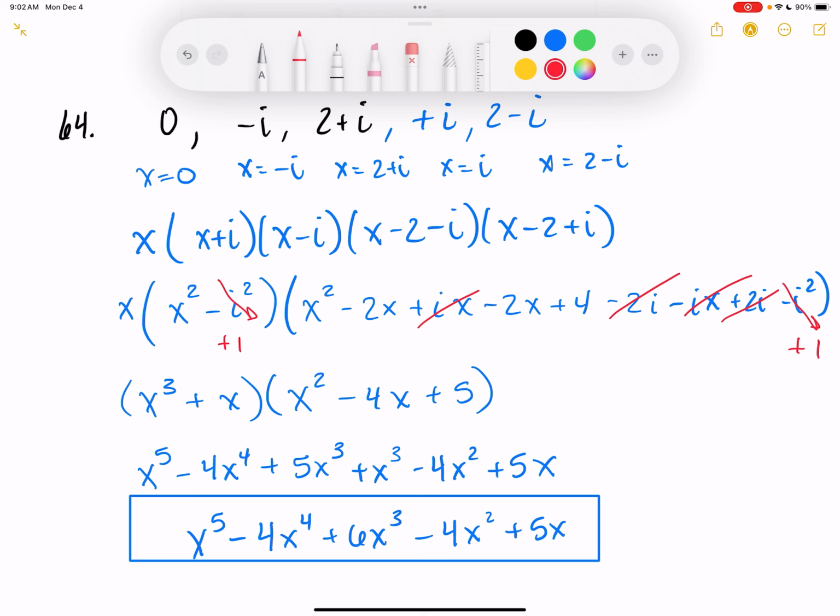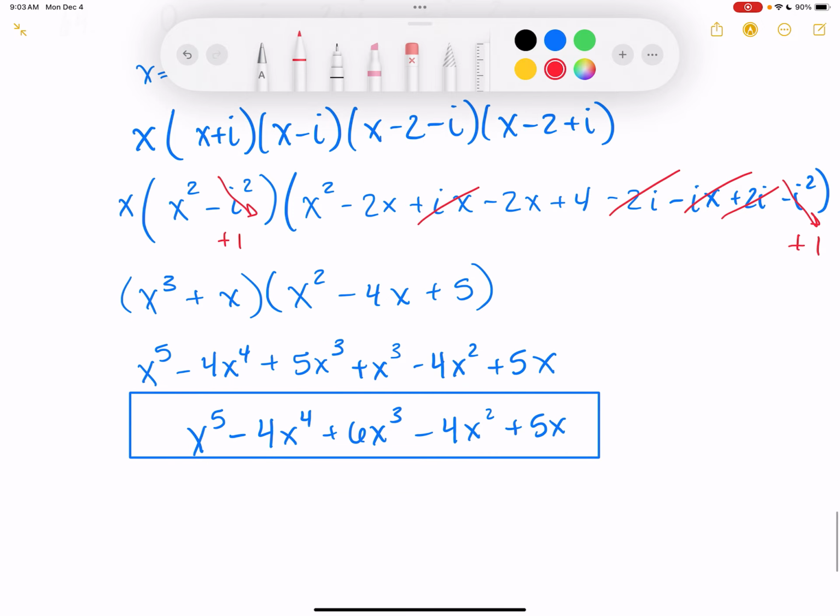So I canceled stuff, so that's what's crossed out in red. The plus ix minus ix is canceled, minus 2i plus 2i canceled. And then when I rewrote stuff, I went ahead and multiplied this x through because I almost forgot about it also. So that becomes x cubed. Because this became +1, that becomes plus x. And then this stuff over here all simplified down to x squared minus 4x plus 5.